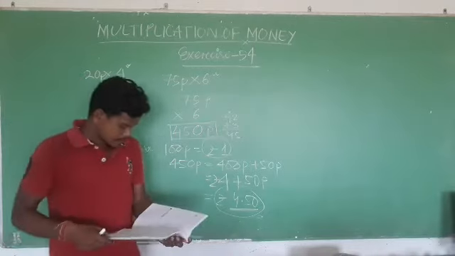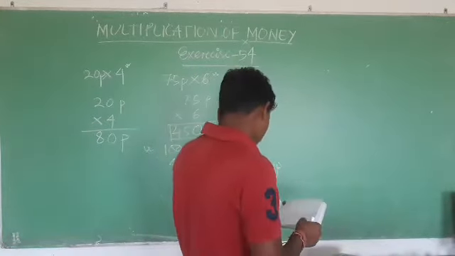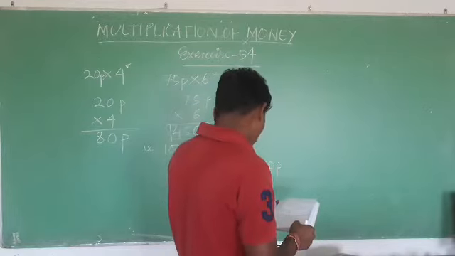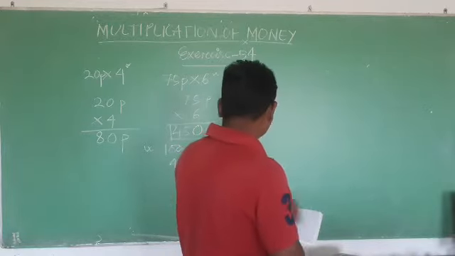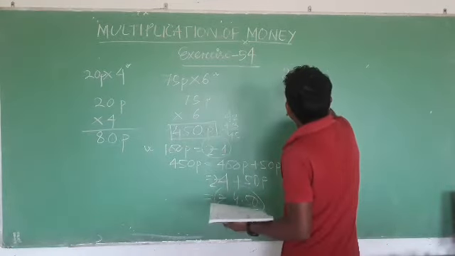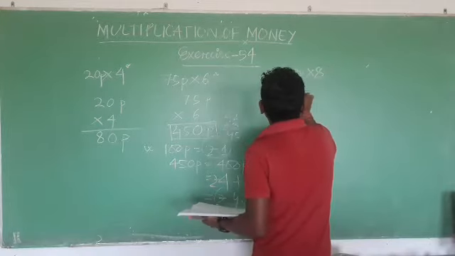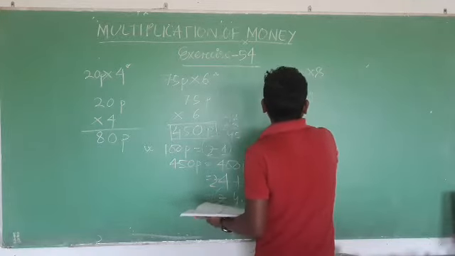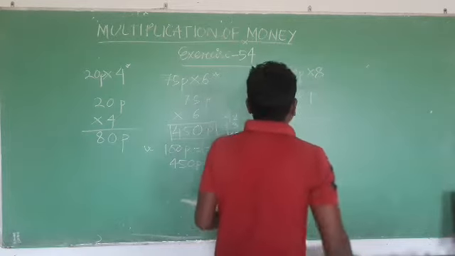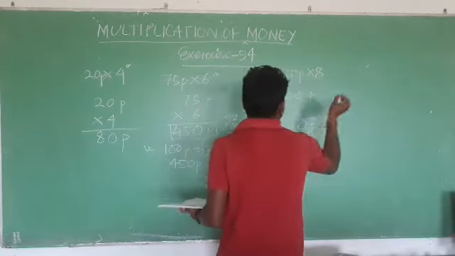Next type of questions are, suppose 20 paisa into 8. Okay, this can be done. 20 paisa and 8, multiply this. 8 zeros are 0, 8 twos are 16, 160 paisa.